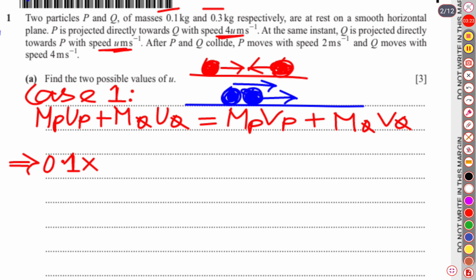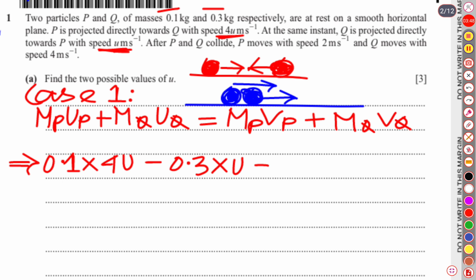So 0.1 into 4, and as their directions are opposite to each other, let's say Q is directed negatively, so it is going to be mass 0.3 and velocity minus u.